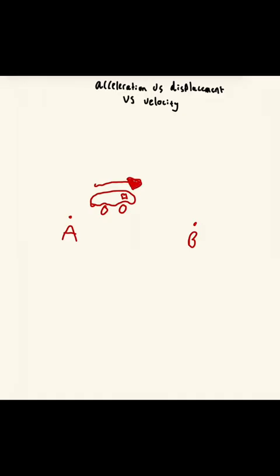But if we look at between point A and point B, let's say its instantaneous velocity is 100 meters per second. Alright, now that is a very fast car. But let's say that is its instantaneous velocity. If it stays at that velocity throughout the whole journey between point A and point B, then there won't be any acceleration until it stops.